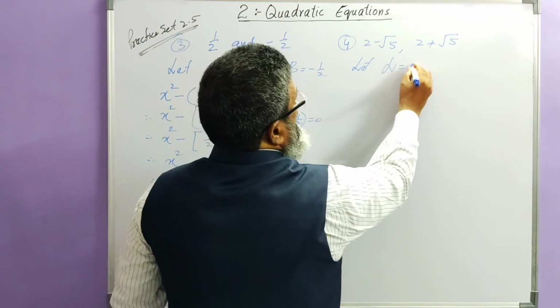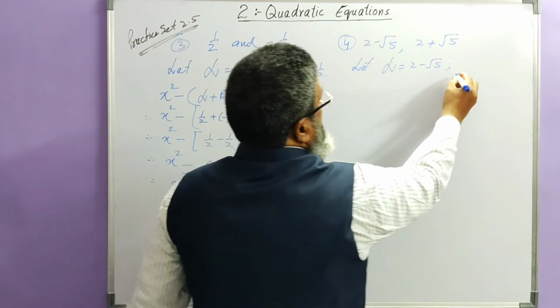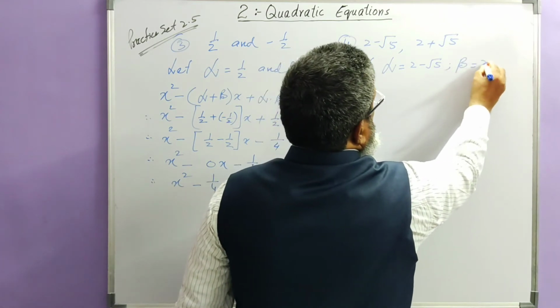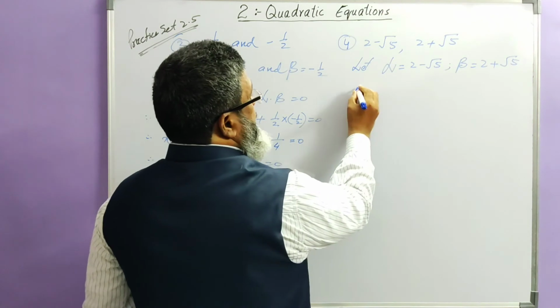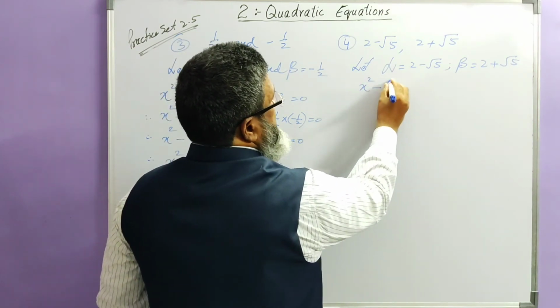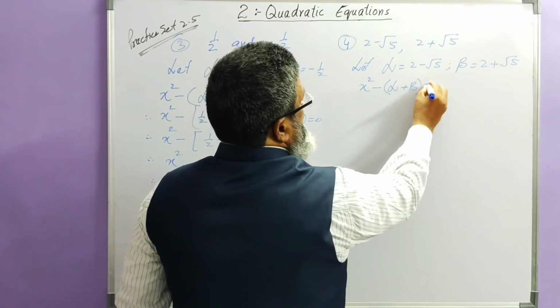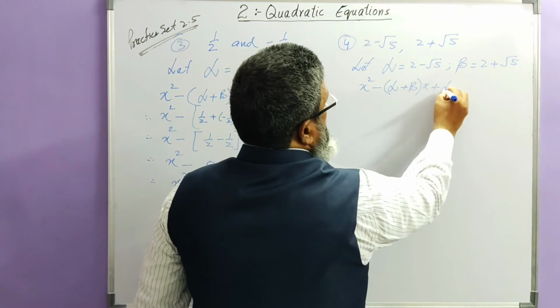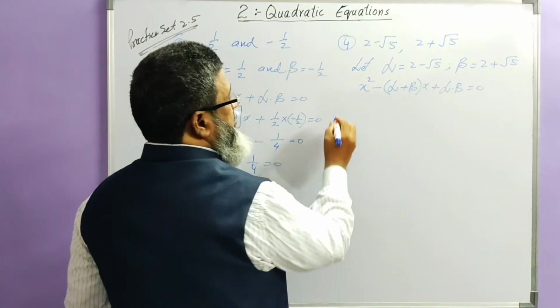Alpha is equal to 2 minus root 5 and beta is equal to 2 plus root 5. Write the formula: x square minus (alpha plus beta) x plus alpha into beta is equal to 0.